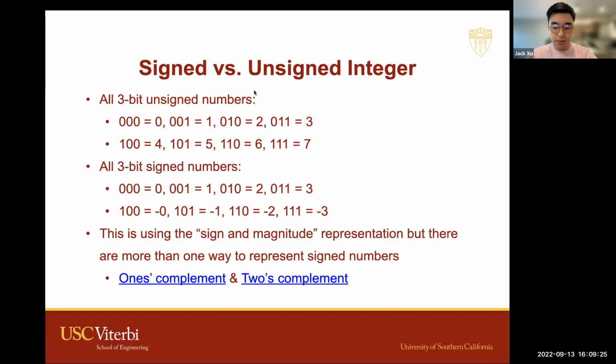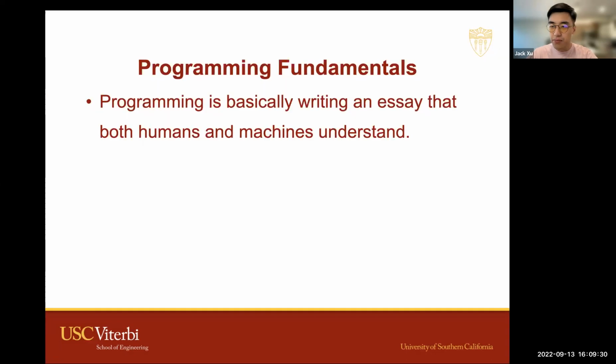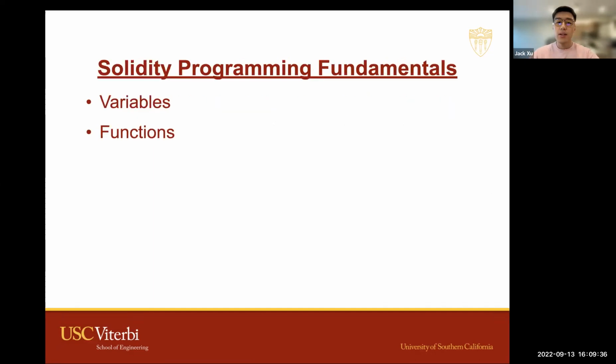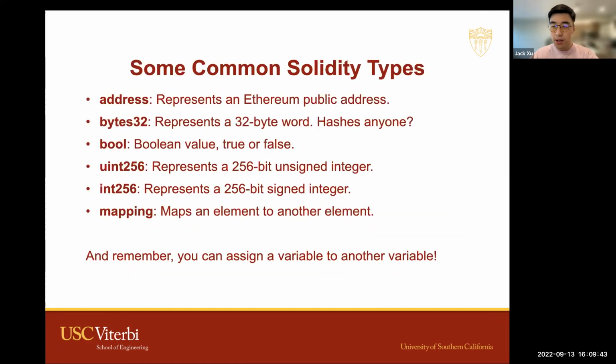So last time, what did we talk about last time? Last time we started to get into the programming stuff, right? We talked about what programming really is, what variables are, how they're roughly formatted, and some common types, so different types of variables.